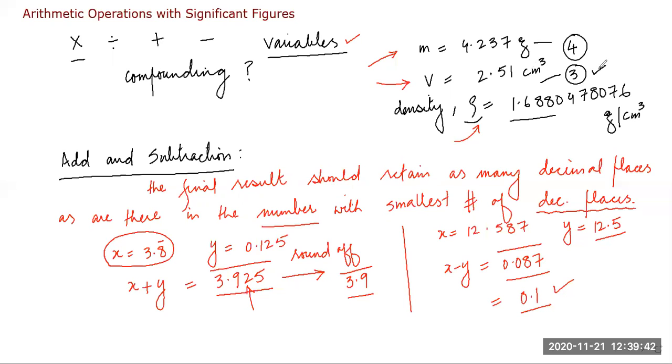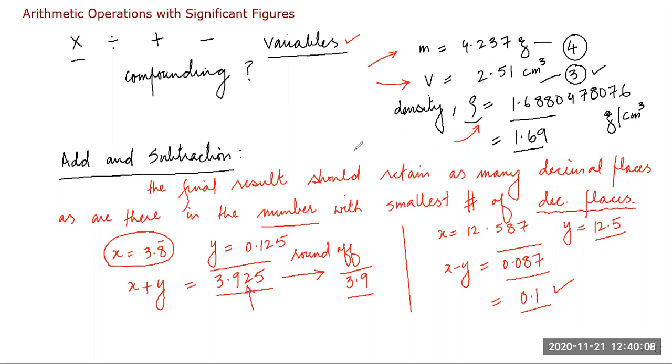Volume, 2.5, right? So this density should have only 2 significant figures. So this will be equal to 1.68. Instead of 8, we will write 9. Very right. We will drop this 8. When we drop this 8, the preceding digit, because it is more than 5, will be raised by 1.